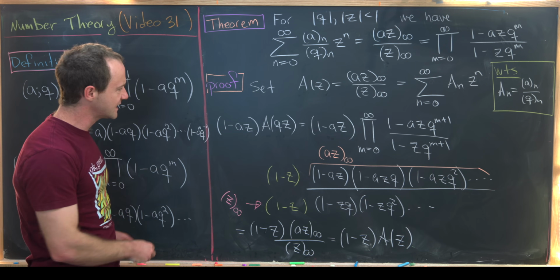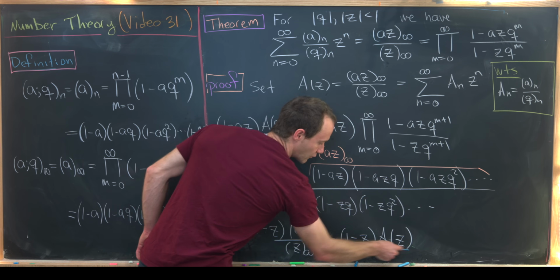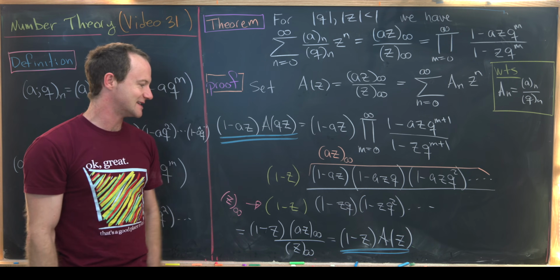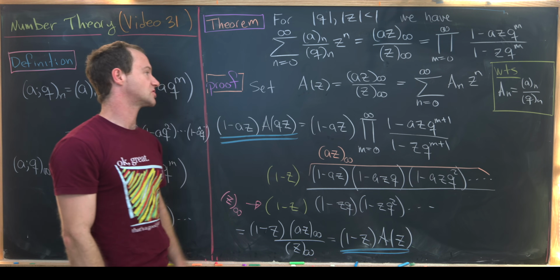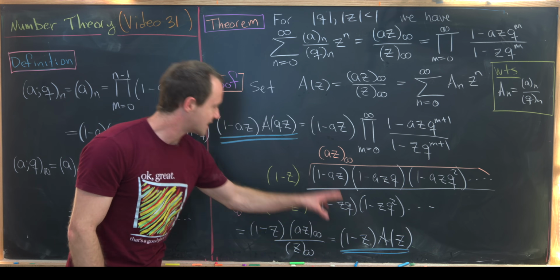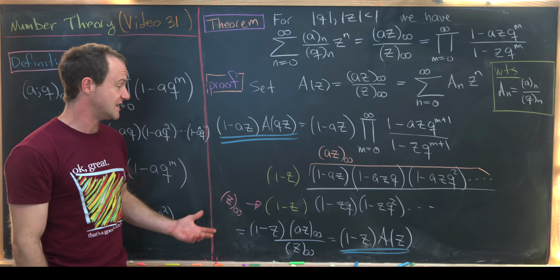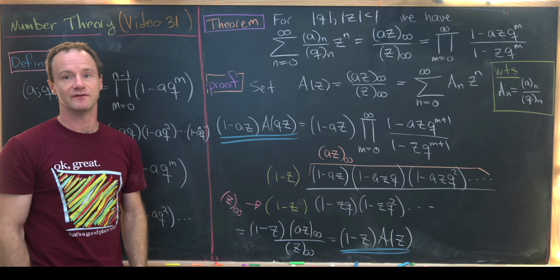So let's really carefully look at the extreme left-hand and right-hand side that we have built here. And that's a nice, fairly simple expression for our function A. So let's maybe consolidate that, and then we can use this nice equation that we've built to get a recursion on our coefficients a of n.